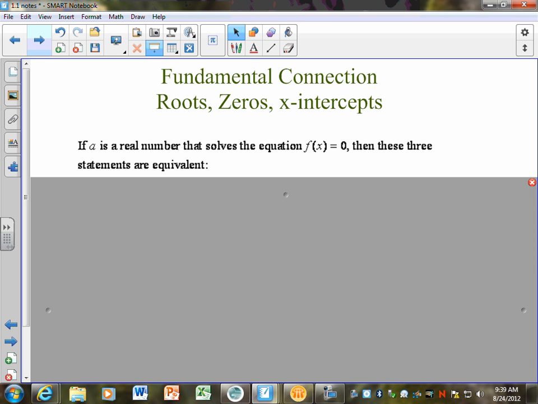But it's really important that you know when you solve any equation, whether it's a quadratic, a linear equation, or an absolute value equation, any type of equation, if you solve the equation f of x equals 0, your solutions all mean the following things.